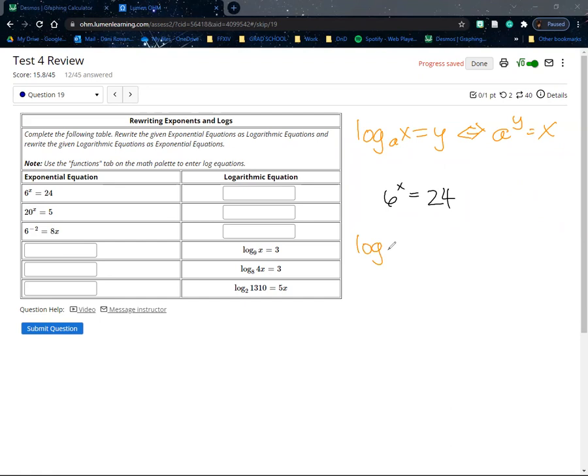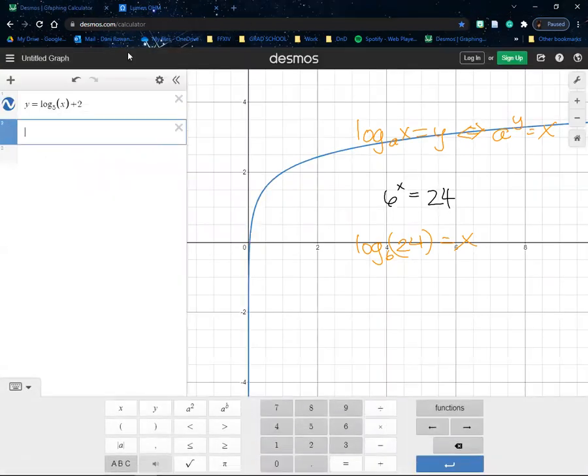It's 6. And in this case, our x is what it's equal to. It's equal to 24. So that is our x. And our y is what we don't know. So log base 6 of 24. And that you just put in your calculator.